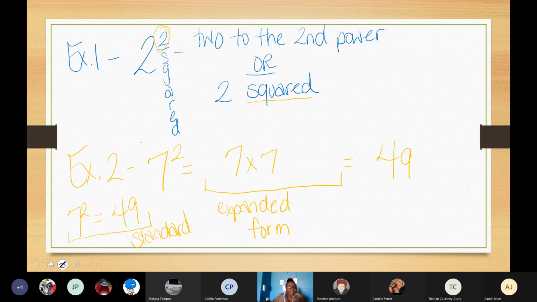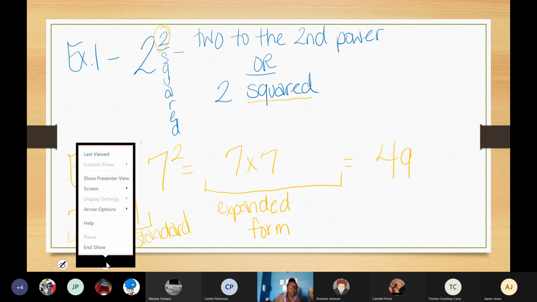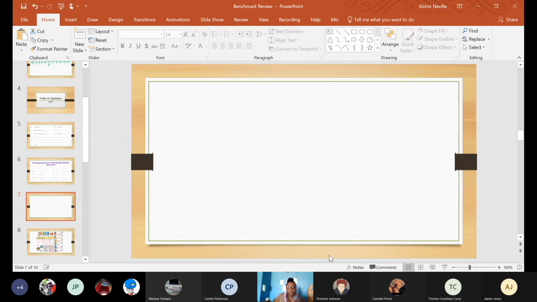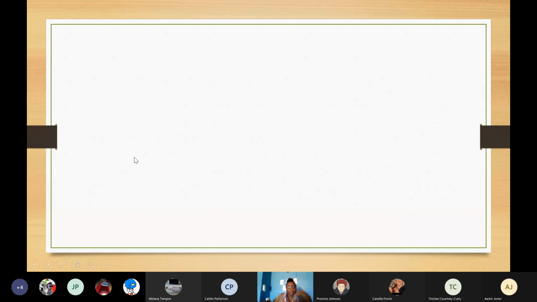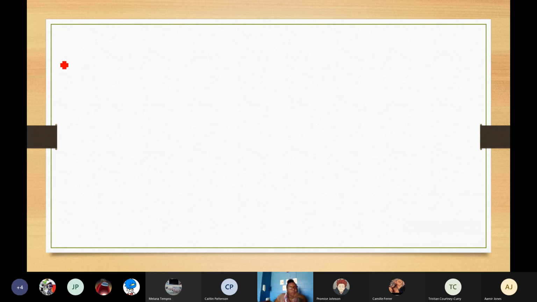So let's do 2 more examples here, because I want to make sure we're understanding what we need to do here. So example 3, 7 to the 4th power.